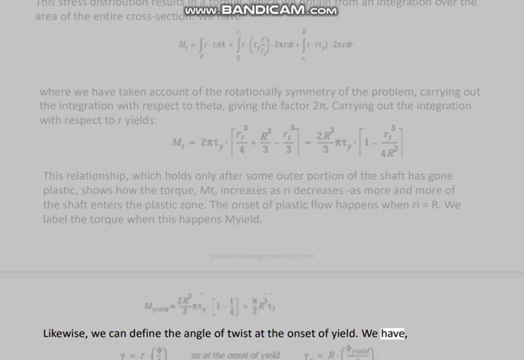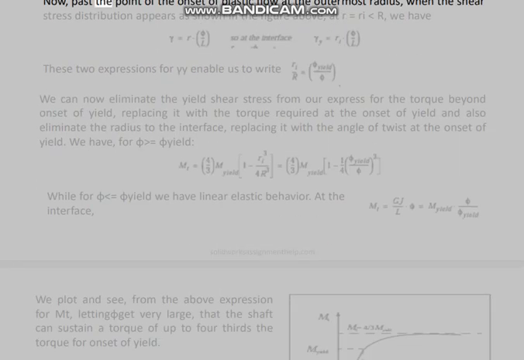We have now passed the point of the onset of plastic flow at the outermost radius, when the shear stress distribution appears as shown in the figure above. At r equal to r_e, we have these two expressions for gamma_y.